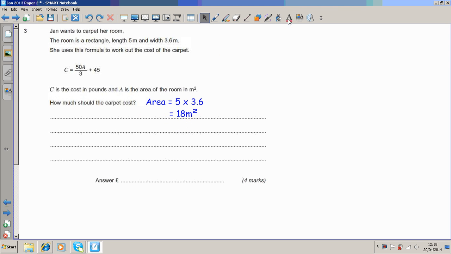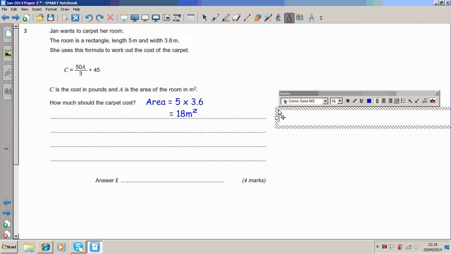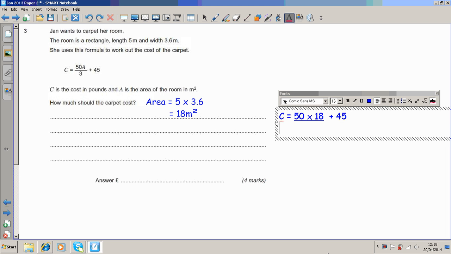So now we've got that there, we can now work out the cost. So the cost equals 50 times A, which we just worked out to be 18, divided by 3, and then plus 45. So 50 times 18 first of all is 900.